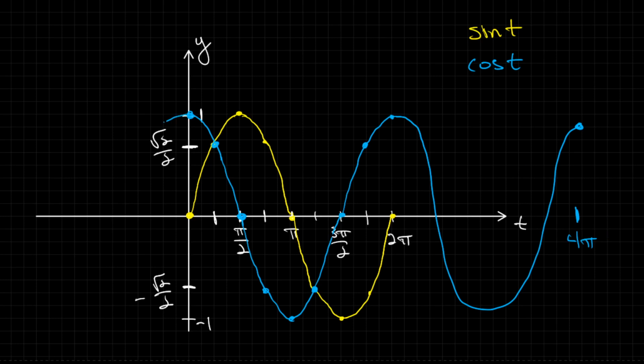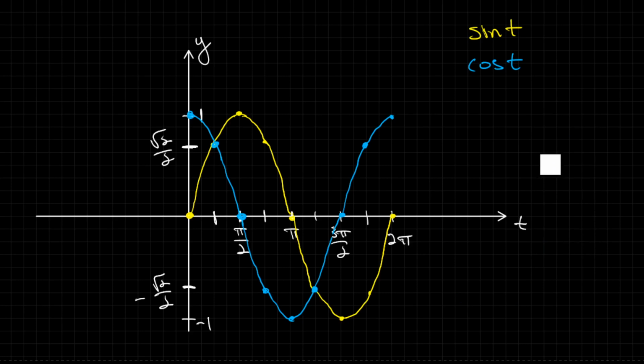And if you went backwards, then you would end here at negative 2 pi, etc. Quite literally copying and pasting over and over again the shape of this graph.